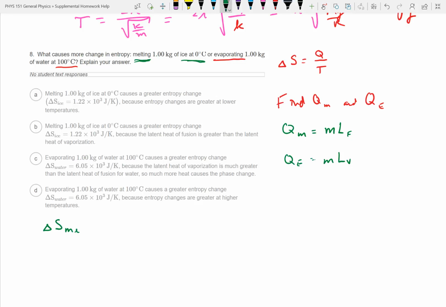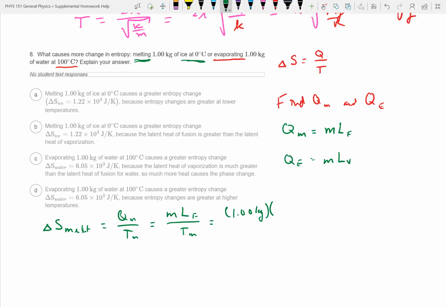So delta S melt is equal to Q melt over temperature melt, which equals mass times latent heat of fusion of water over the temperature melt. My mass is 1.00 kilograms. What's the latent heat of fusion for water? We look it up.